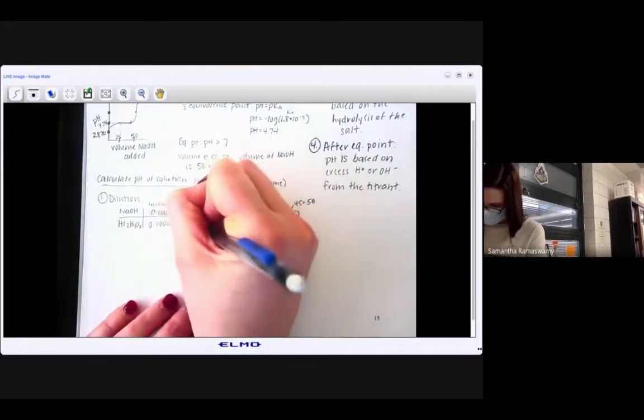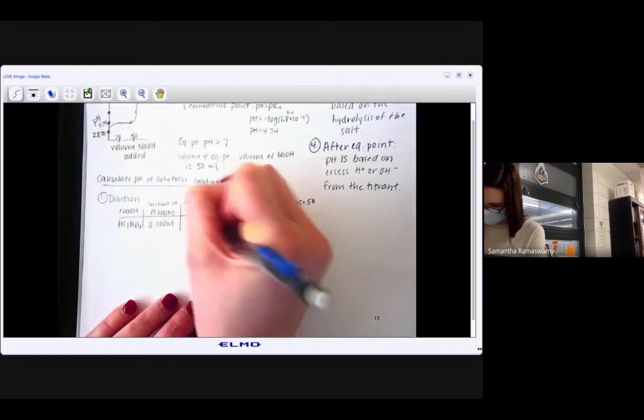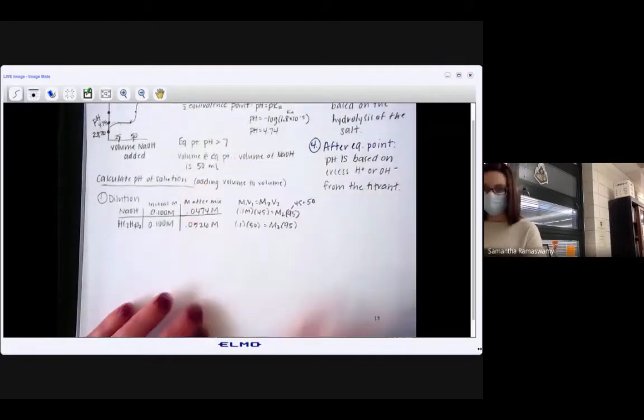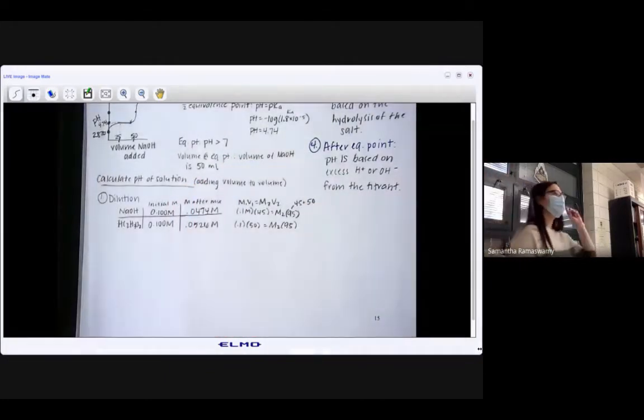We have 0.0526. If we were at the equivalence point, these would be equal. But we're not.